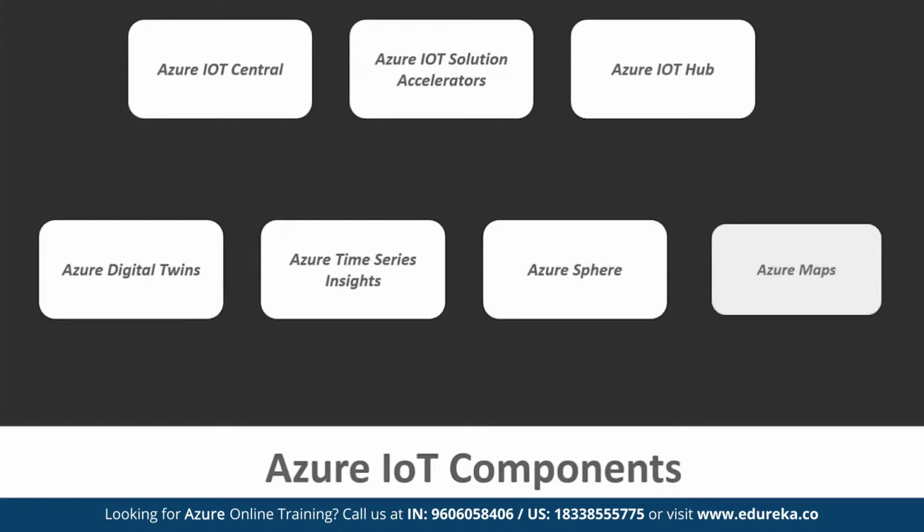Azure Sphere and Azure Maps. Now, when you talk about Azure Sphere, basically what it does is it lets you create devices that are hardware heavy. I'm not sure whether this is the right term to use. Now, when you talk about IoT, you're also talking about hardware devices that let you connect different sources. Now, when you talk about Azure Sphere, it has a set of devices or classifications which lets you do a lot of IoT things.